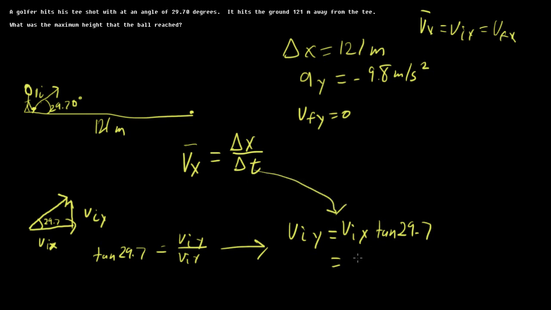So we can say that v_iy equals delta x over delta t tangent of 29.7. So I'm going to write this up here. We're going to treat this like it's a known. v_iy equals delta x over delta t tangent of 29.7.